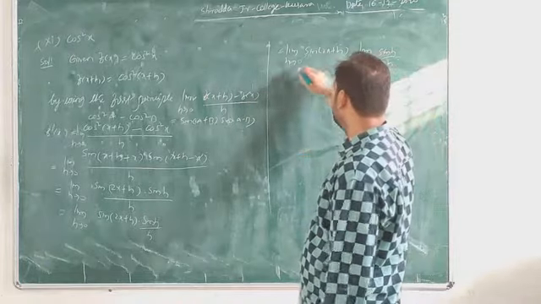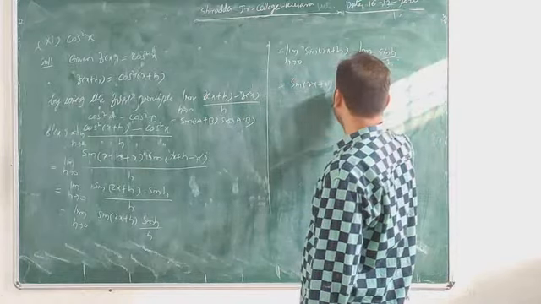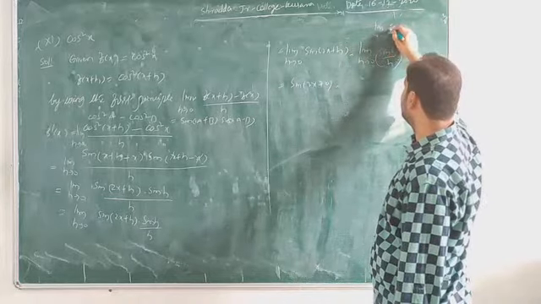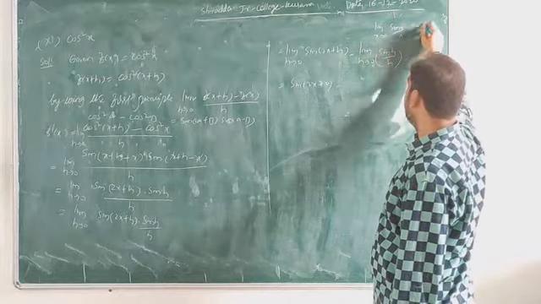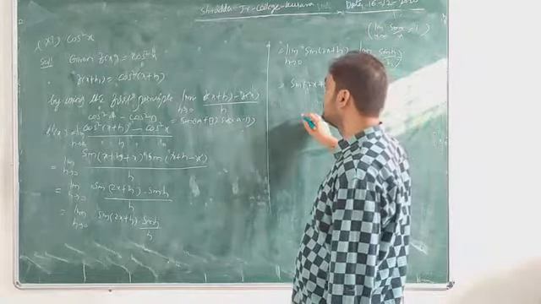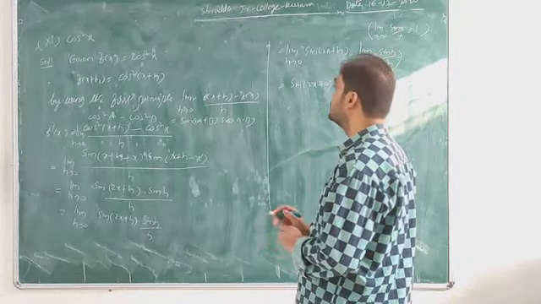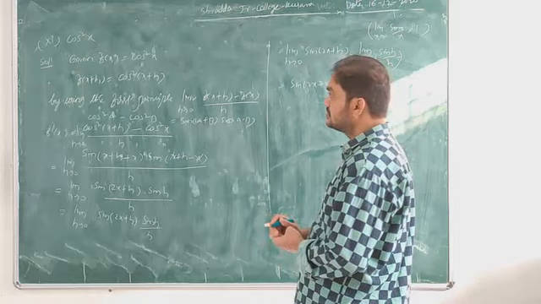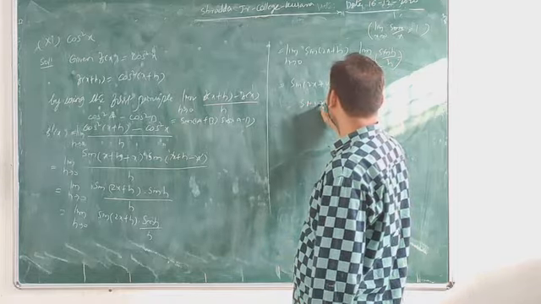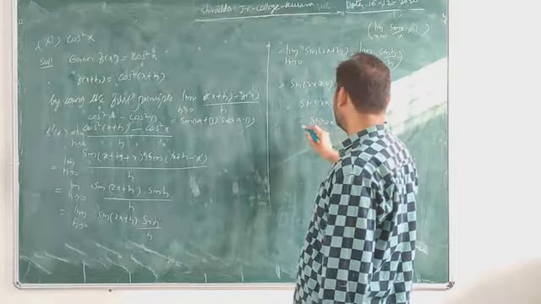Now substitute in place of h, that is 0: sin(2x+0) into, already we know the formula, limit x tends to 0 of sin x by x equals 1. So sin 2x into 1. This is equal to sin 2x.